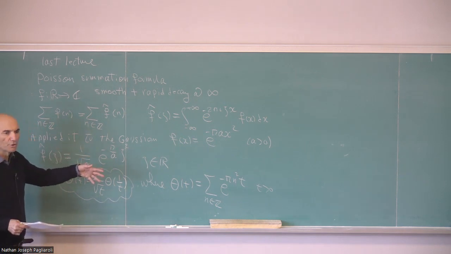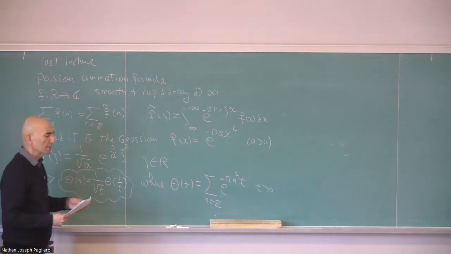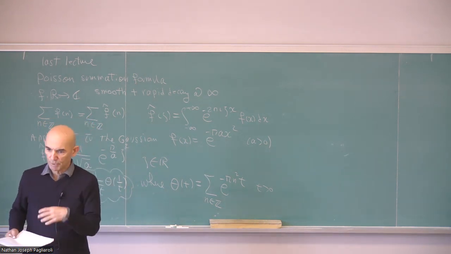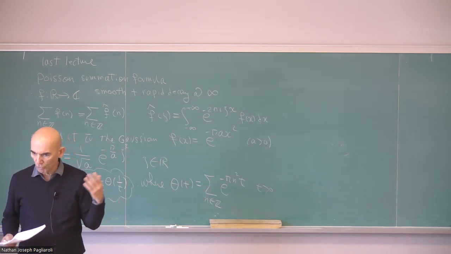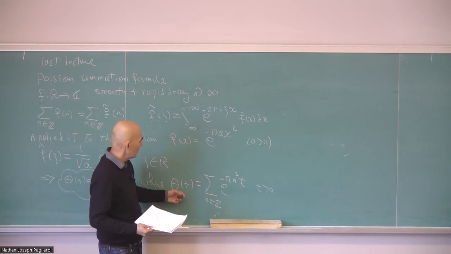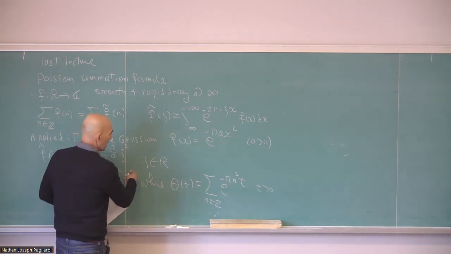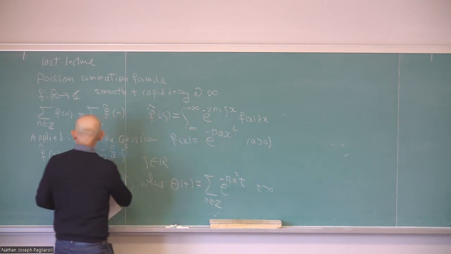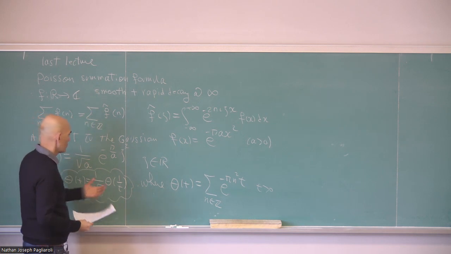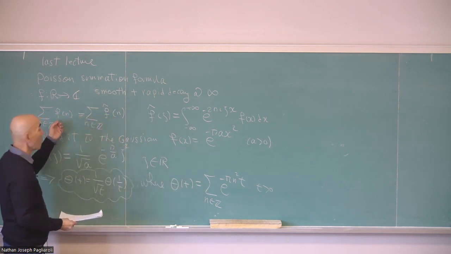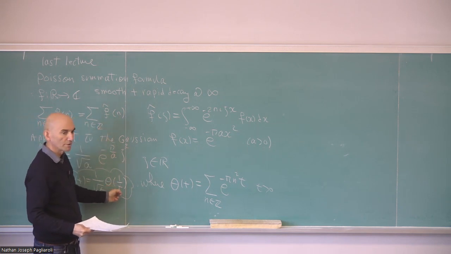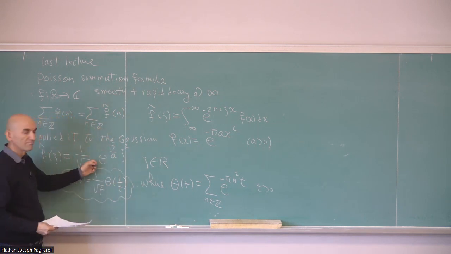In this incarnation, you can also look at it as a function in the upper half plane if you rotate, and then it becomes an honest modular form or automorphic form in that case. But for us, you see, we have to apply this to that, and then of course the left-hand side is exactly this part, and the right-hand side comes out to be this quantity, exactly because of this formula.